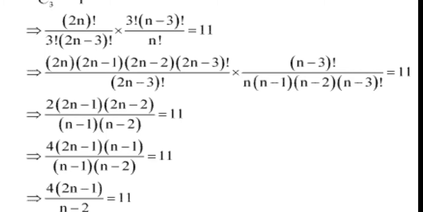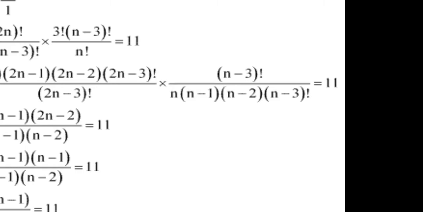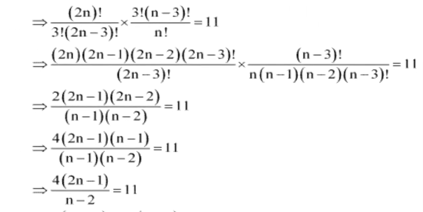So in the numerator factorial 3 and the denominator factorial 3 get cancelled, and factorial n minus 3 we can expand in the numerator, and in the denominator factorial n we can expand as n into n minus 1, n minus 2, factorial n minus 3, equal to 11.